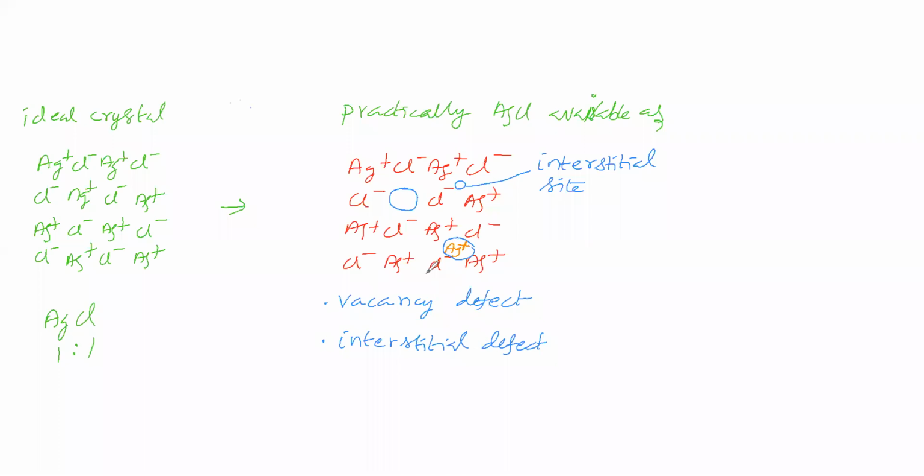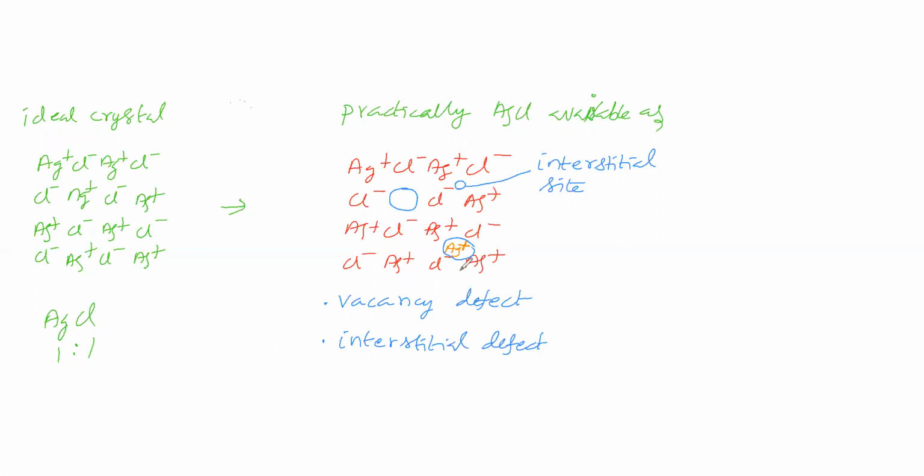Actually, where should this Ag+ be present? Instead of being present here, it is present in this place. That means the position is displaced, the position is changed.